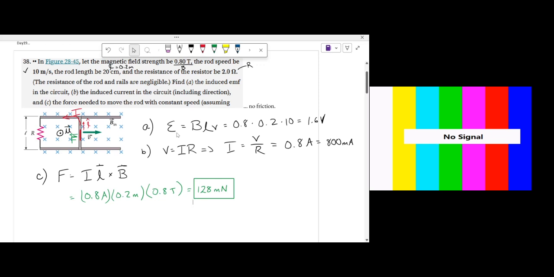In fact, one of the things that you could do is go back and look at my solution, in which I find the force related to each of the values given to us, and the force is equal to B squared L squared V over the resistance R. So as you increase V, you linearly increase the amount of force you need to pull it at that constant speed.